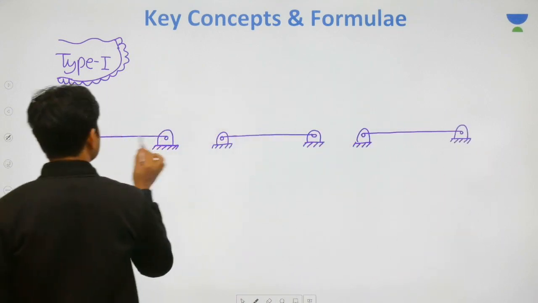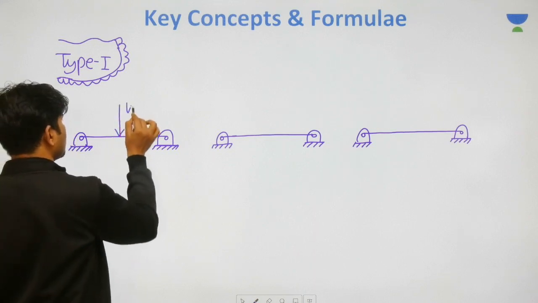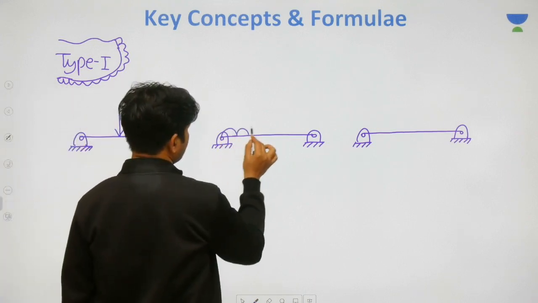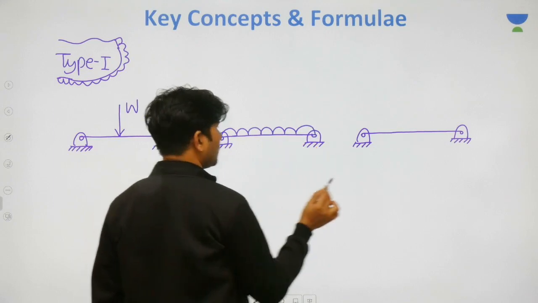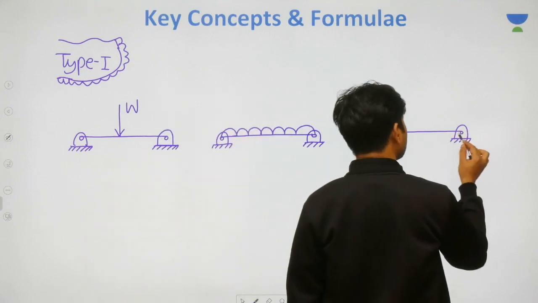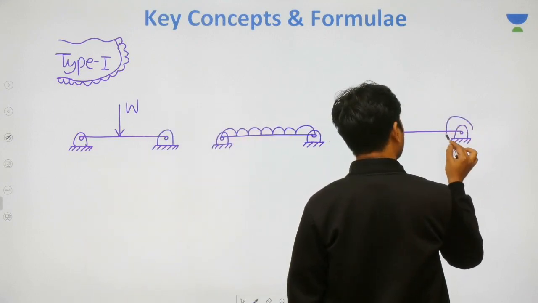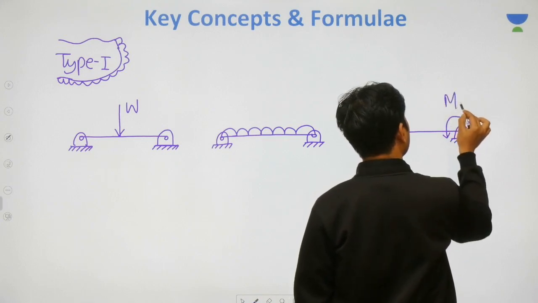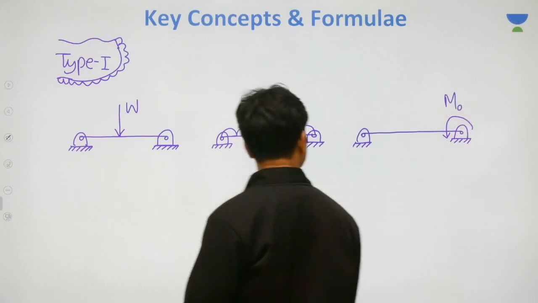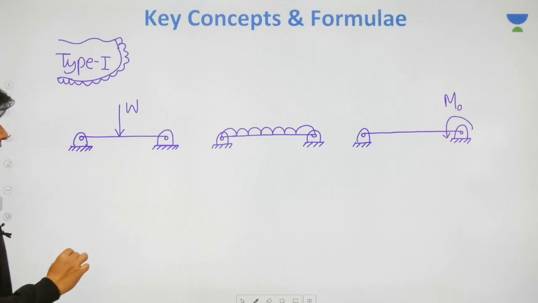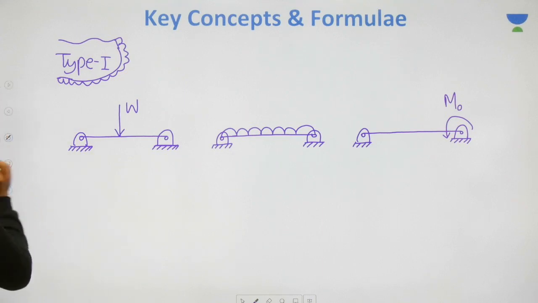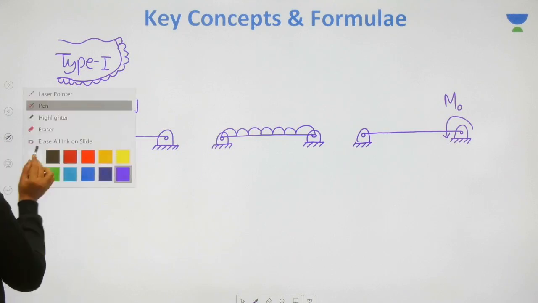Number one, a simply supported beam with a central point load. Number two, a simply supported beam with a UDL. And number three, a simply supported beam with a couple acting at one end.